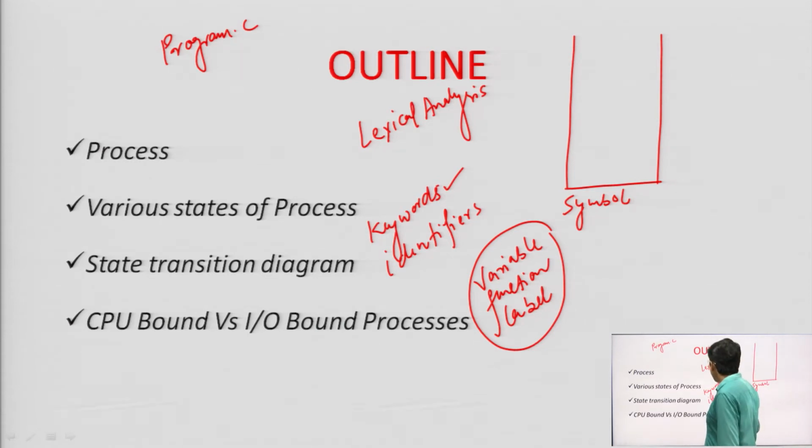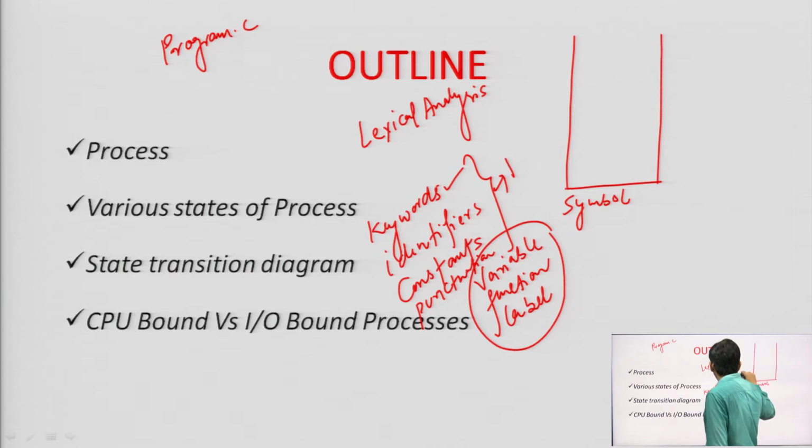So, once we have identified the identifiers, we look for the constants. It may be a numeric constant, it may be a character constant, and then we identify the punctuation symbols. Together all of these are called the tokens.